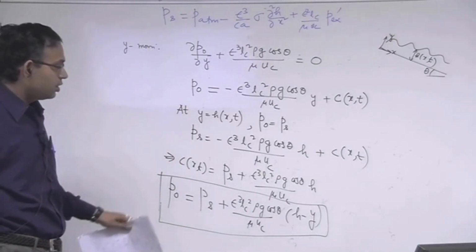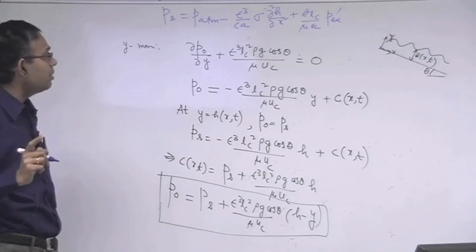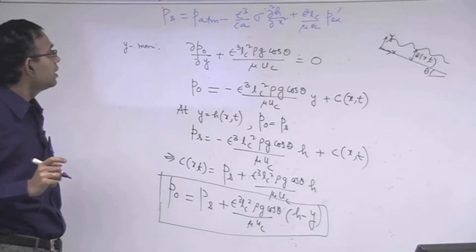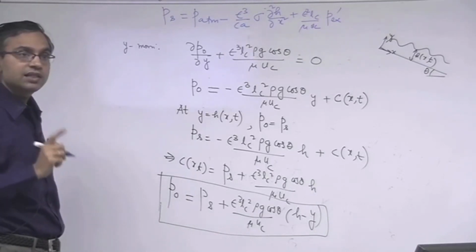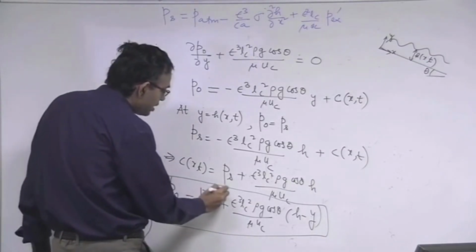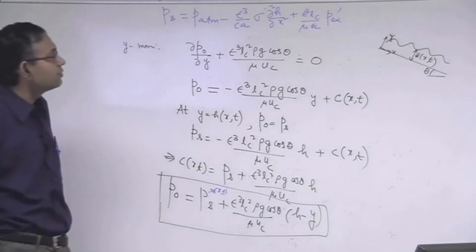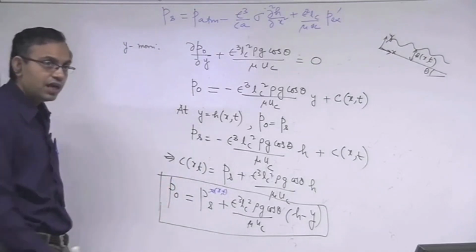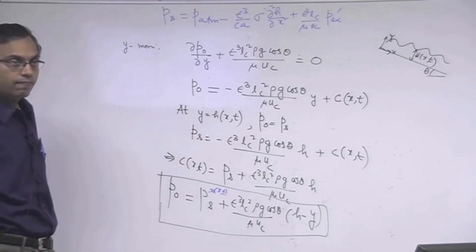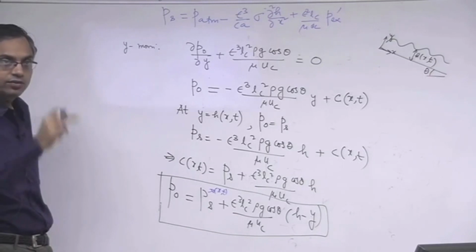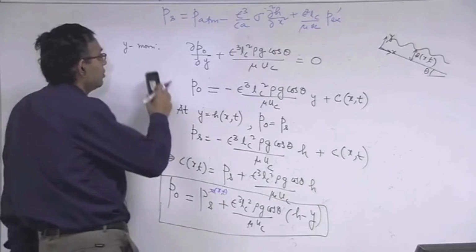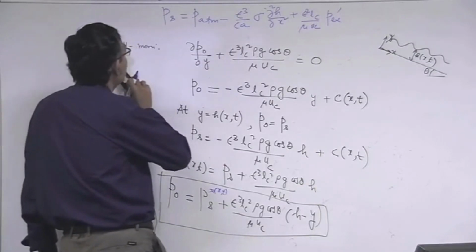What is very important to keep in mind is that Ps is itself also a function of x and t, because H is a function of x and t. This is implicit; it will appear as if it is a constant, but it is a function of H, which in turn is a function of x and t. These are subtle things, so it is important to bring it up. Now, let us write the x momentum.